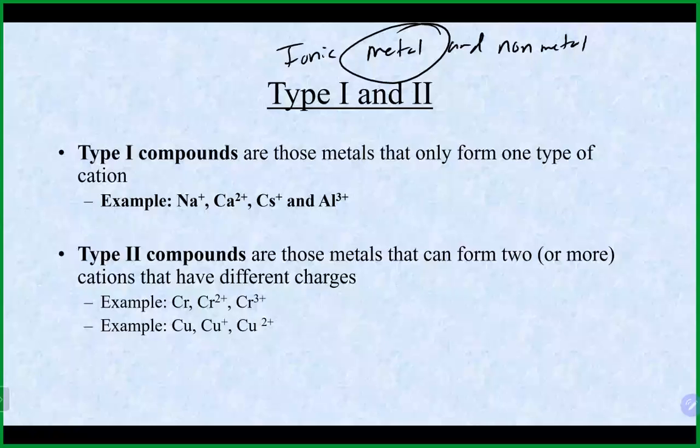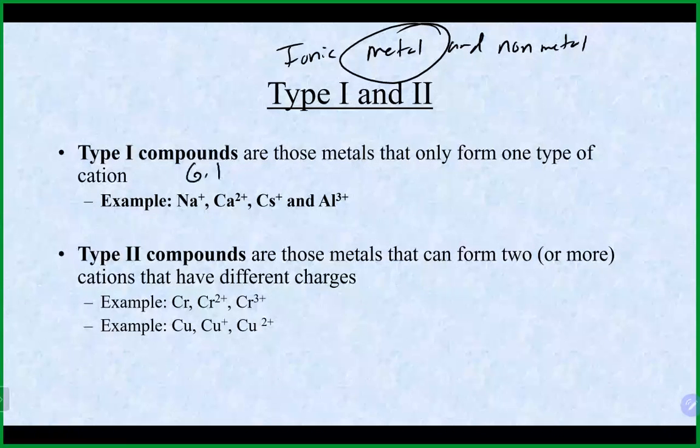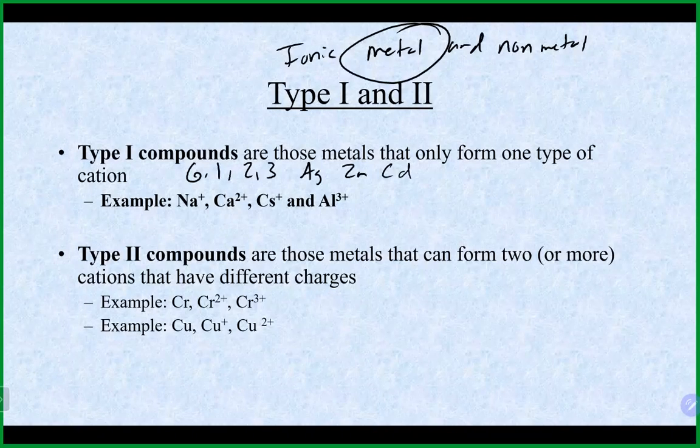If that metal is a type 1 compound, it means it has a fixed positive charge. So those are our guys in group 1, 2, 3, our silver, zinc, our cadmium. If you see that, you know it's type 1. You don't have to worry about figuring out anything in terms of charges. You basically could just go right into the naming part of it.